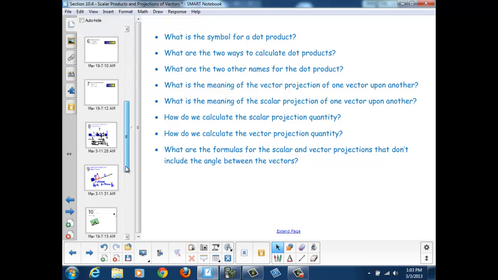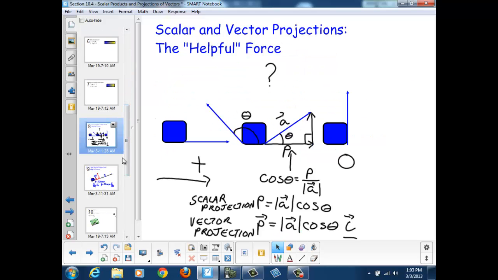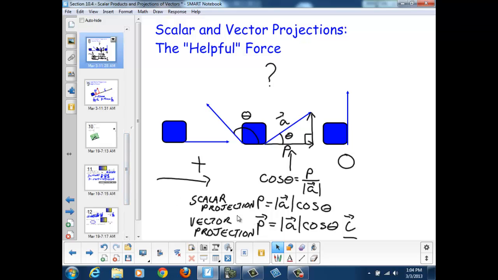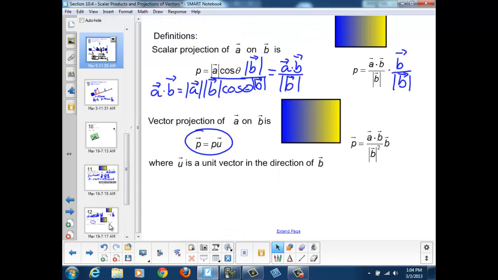Well, the way we calculate the scalar projection quantity is with this formula: the magnitude of A times the cosine of the angle between the two vectors. The formula for the vector projection is the magnitude of A times the cosine of the angle between them times a unit vector in the appropriate direction. Here we have two formulas.